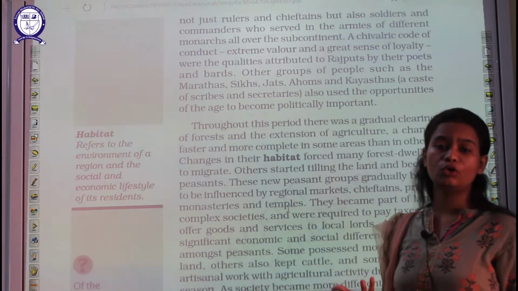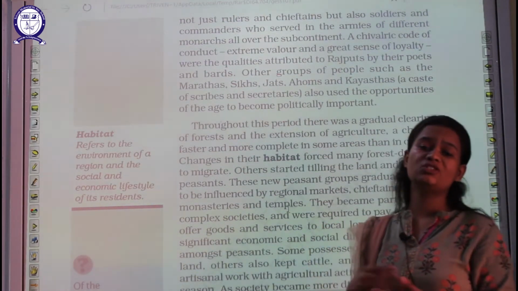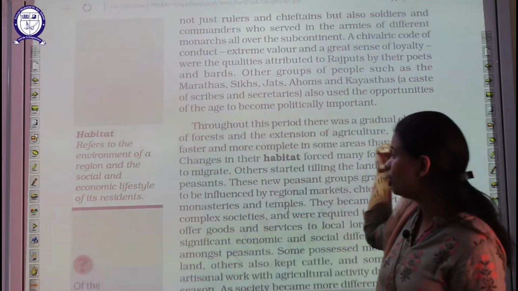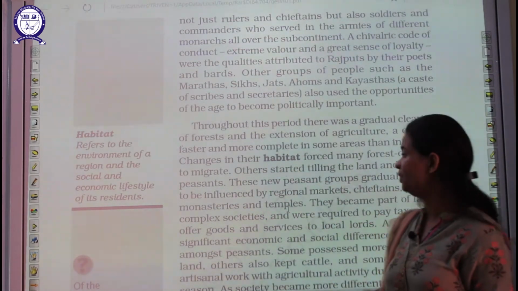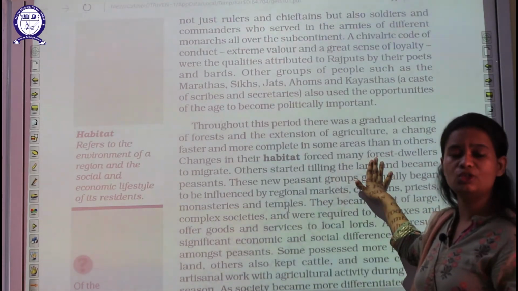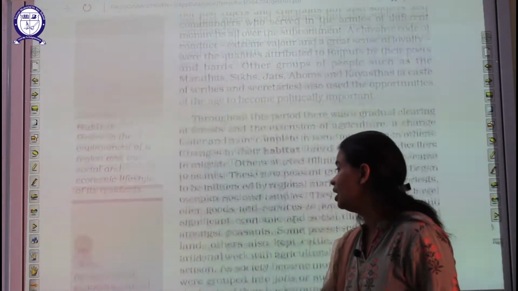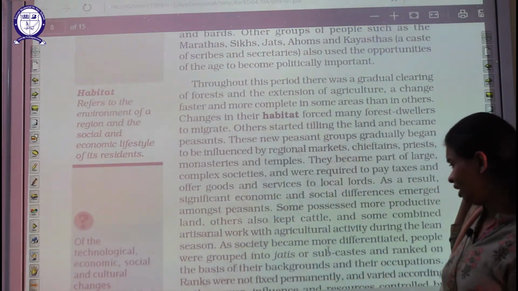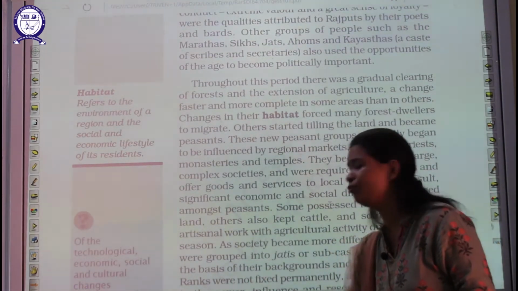If they learn to grow crops, they need land where they can sow them, and there is also a change in the habitat of the people. They started shifting to different places, and to have more land available, people started clearing many forest areas. They used to empty the forest land and use it for other purposes. People started building monasteries and temples, and involved themselves in all sorts of other occupations.